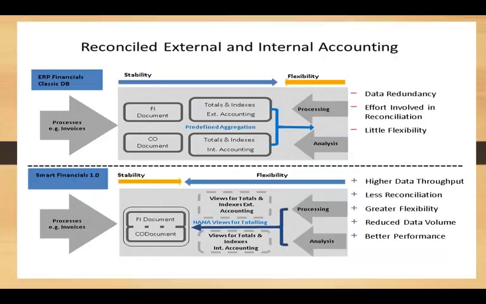But with the new enhancement of smart finance, or simple finance, there is higher data throughput and less reconciliation. We don't need to concentrate on reconciliation, because whenever you post a transaction, it is automatically reconciled. Greater flexibility, reduced data volume. Here the data volume is also very important. Based on the data volume, the speed will increase. Better performance. All these things we need to compare practically while we are understanding the concepts.